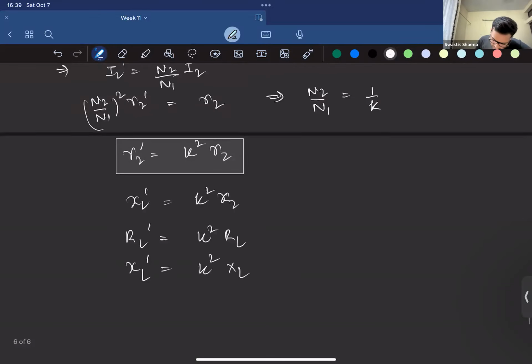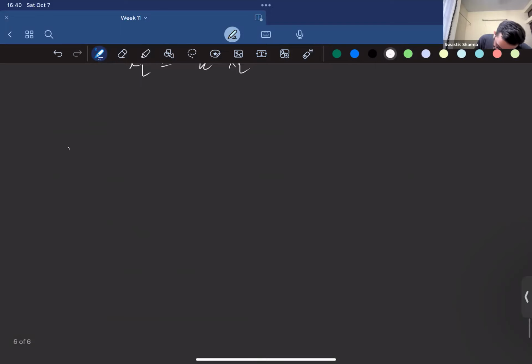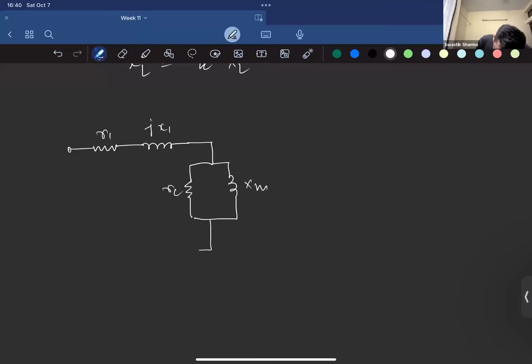So let's redraw it. How would it look? There is some resistance R1, j times X1, R2 dash, X2 dash.